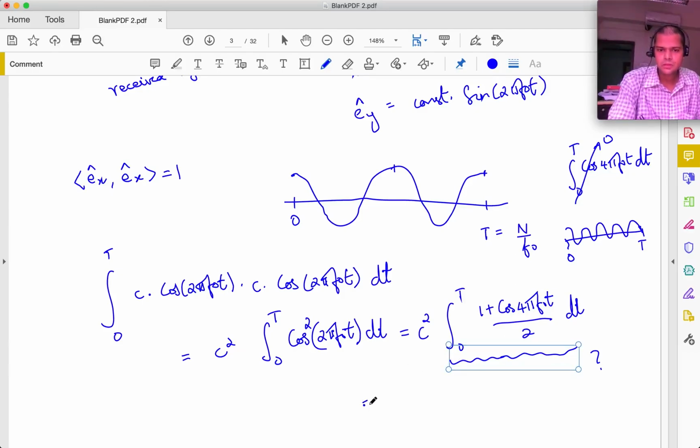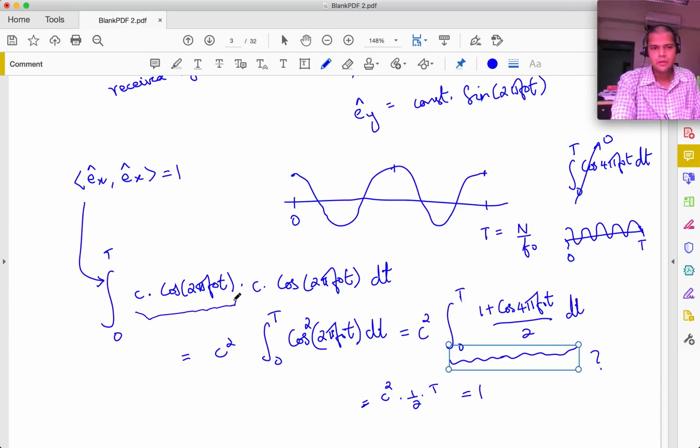So what we are left with is just the half, that is c squared times half times T. And I want this to be equal to 1, because this is the dot product of what I am calling my unit vector in the x direction.